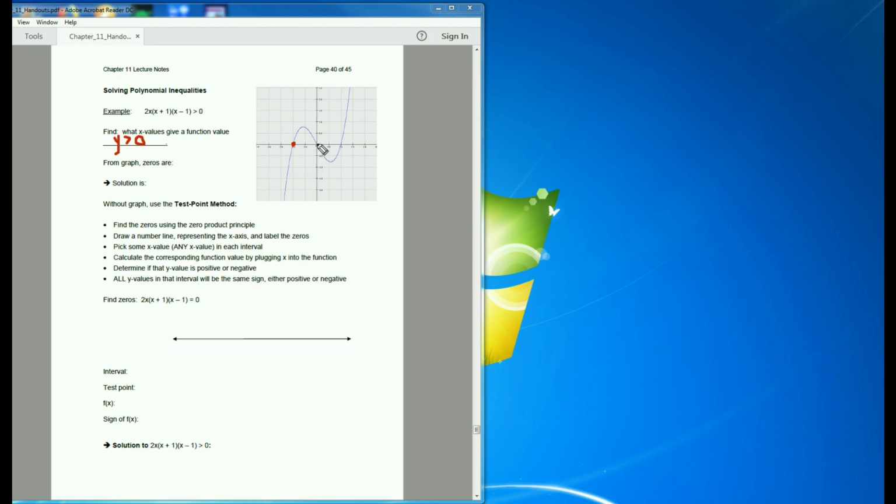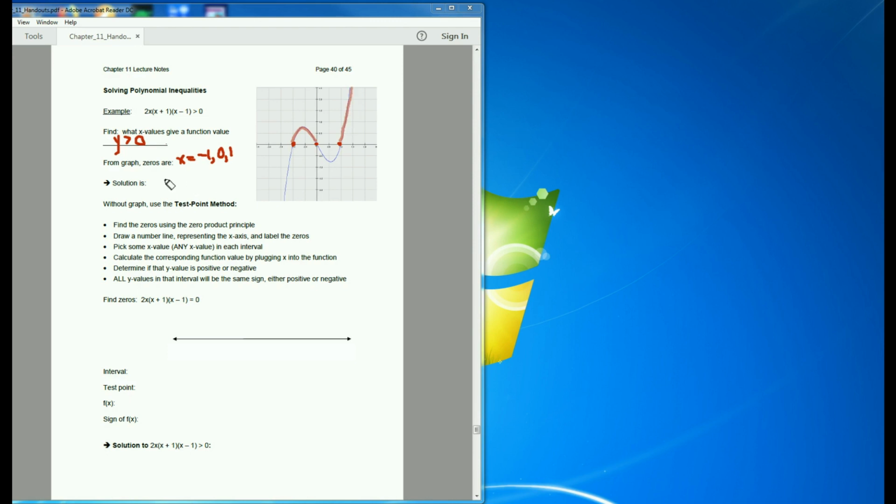So the zeros are at x equals -1, 0, and 1. And again, we want to find, where is y greater than 0? Well, it's positive here above the axis, and it's positive here.